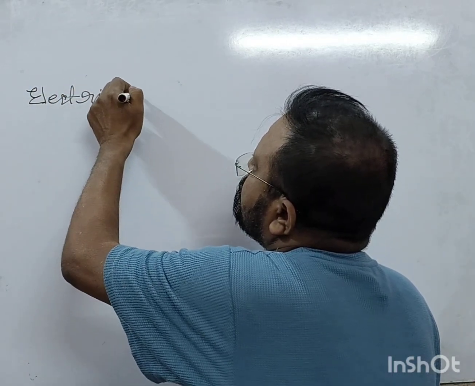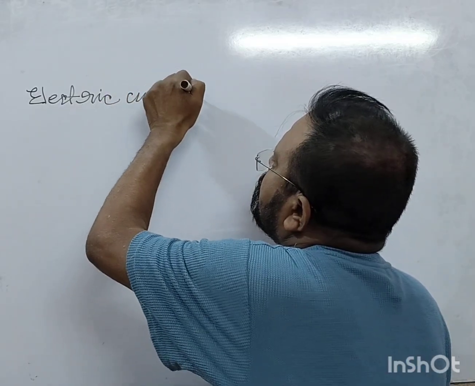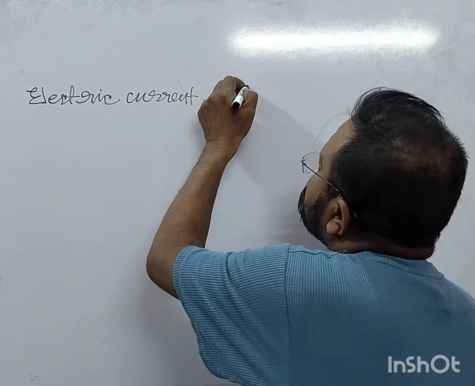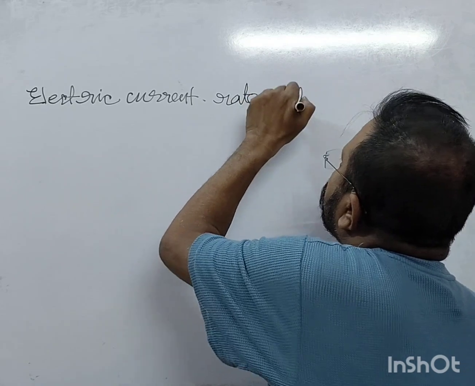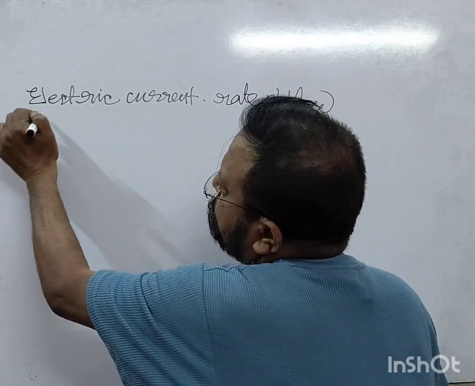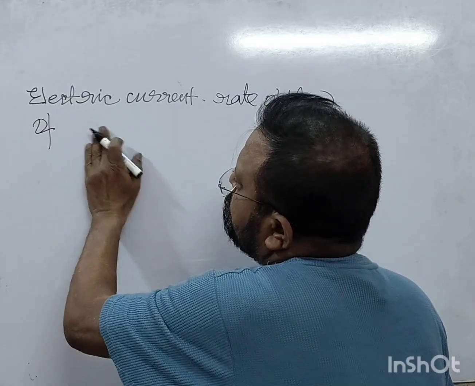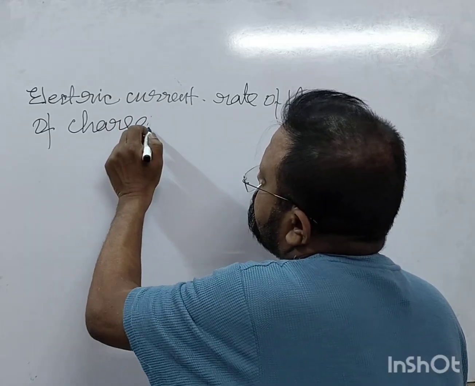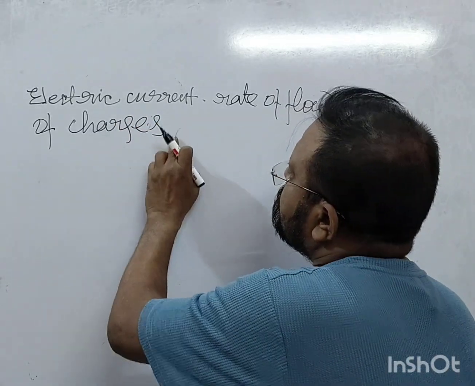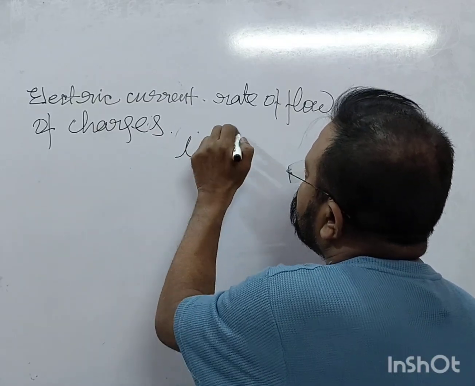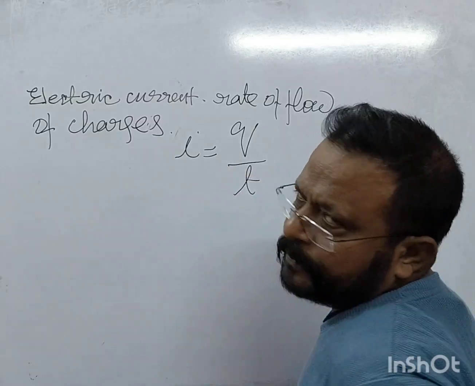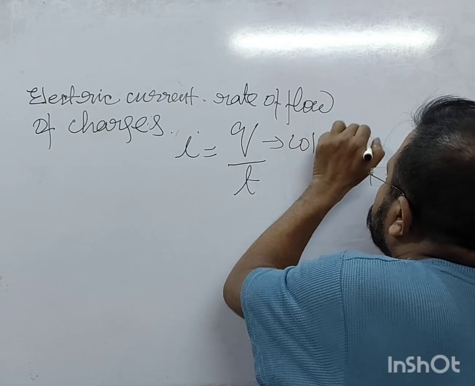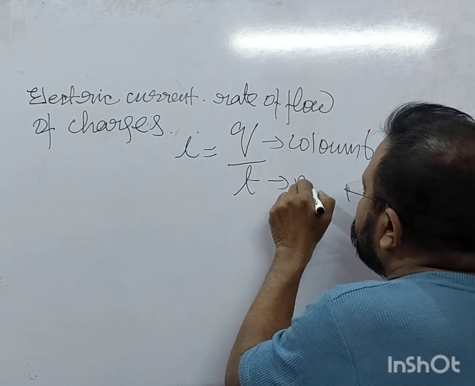So I is equal to Q upon T, where the unit of charge is coulomb, the unit of current is ampere, and the unit of time is second.